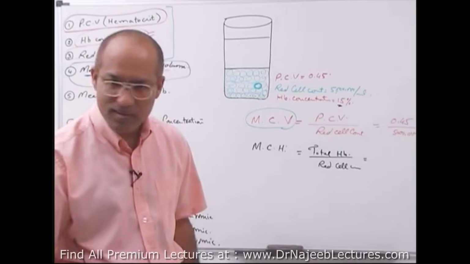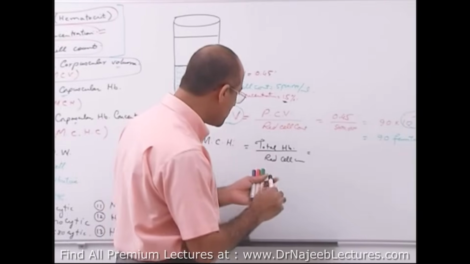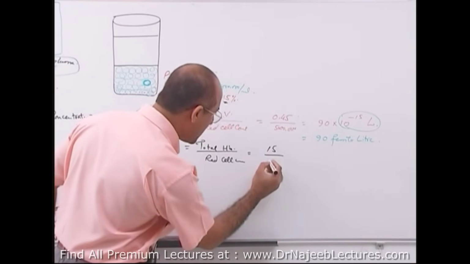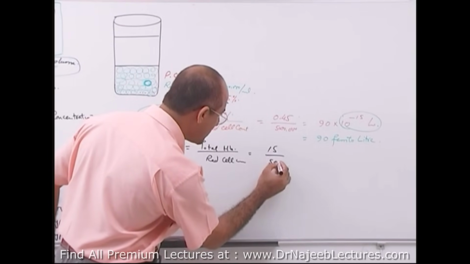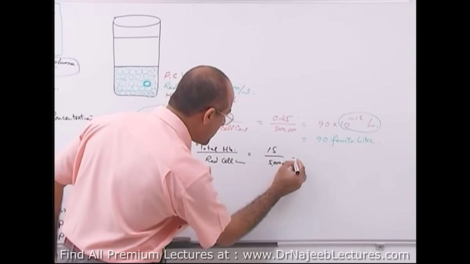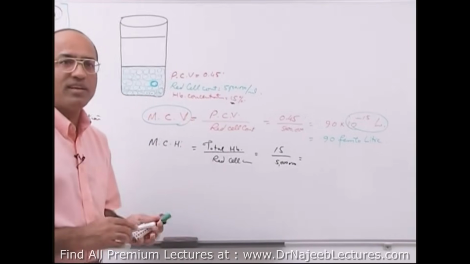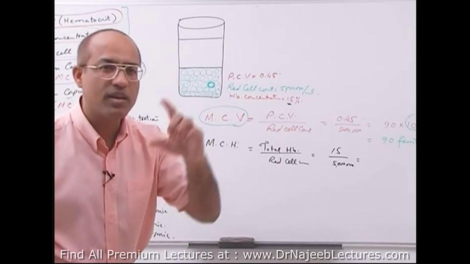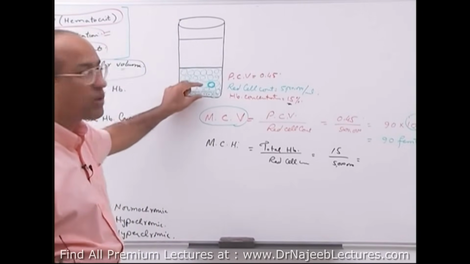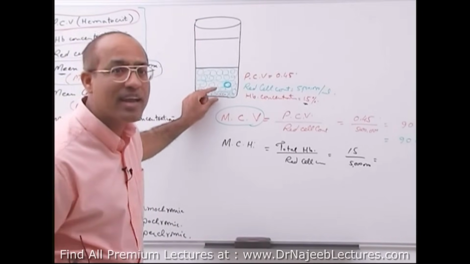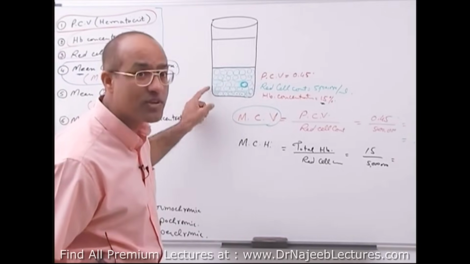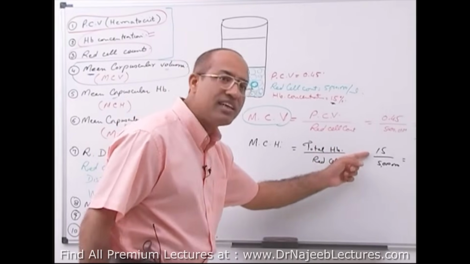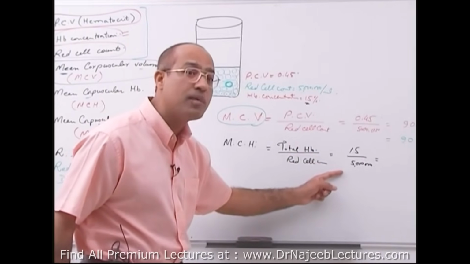Clear? Okay. So hemoglobin is, suppose, 15 percent, red cell count is, oh my god, 5 millions. If we have 100 ml blood, in 100 ml of blood hemoglobin is only 15 gram, and this 15 gram is divided by how many millions?